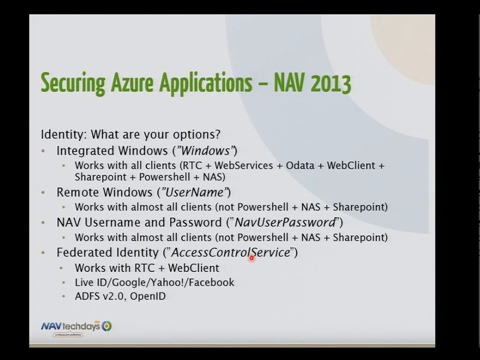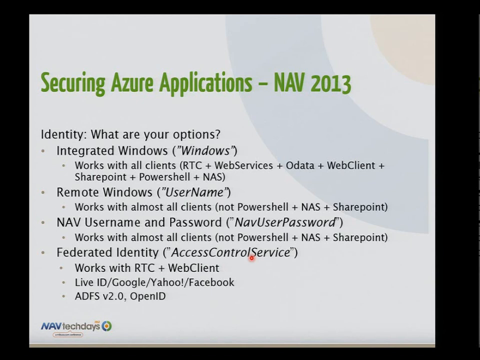And the reason I mention Azure in this context is that you need to pay for an Azure subscription in order to actually use this. But once you have it, then you have access to the access control service, which has a portal I will show a little bit later.